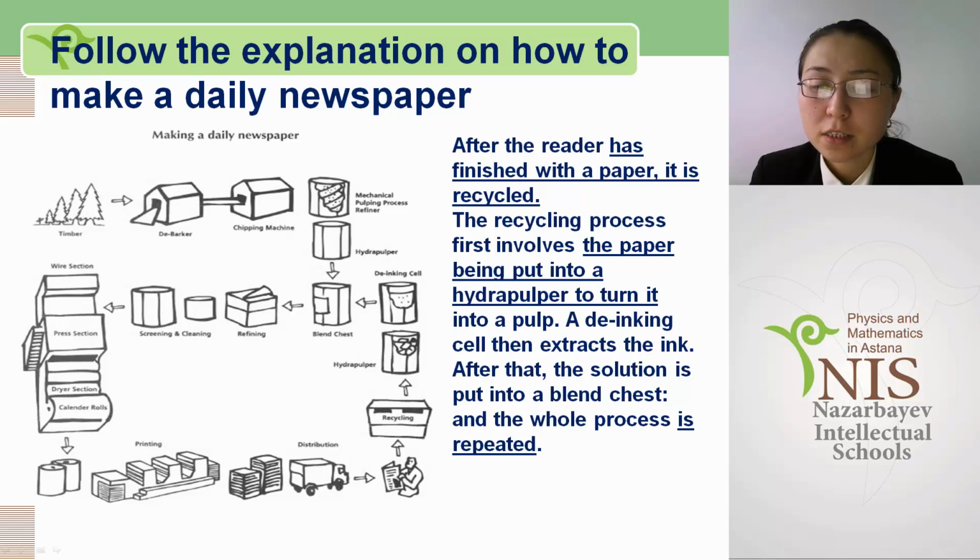Can you find this phase on the chart? Excellent. The inking cell then extracts the ink. After that, the solution is put into a blend chest, and the whole process is repeated. So we can repeat and repeat this several times in order to get a newspaper.